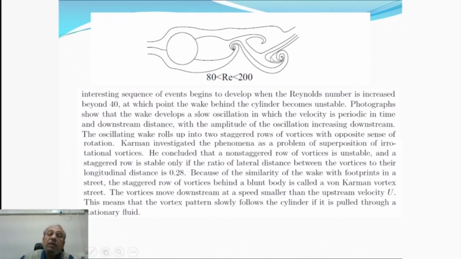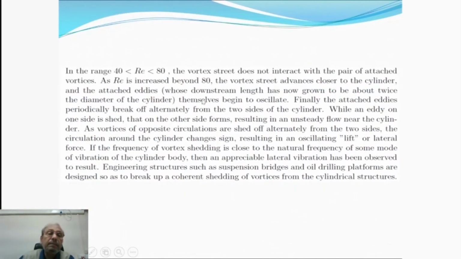And this is the likely picture of a vortex street behind a cylinder, and this is of course an artist's impression from the photographs and from the numerical studies. Such vortex streets are observed between Reynolds numbers of 80 and 200.